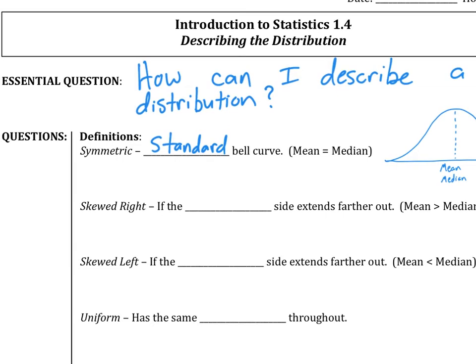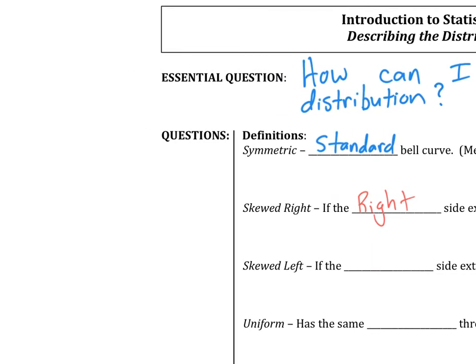All right, skewed right would be if the right side extends further out. So the tail would kind of be off to the right. I'm going to draw that one over here. So skewed right would be if your data comes up and then it kind of tails off to the right like this.